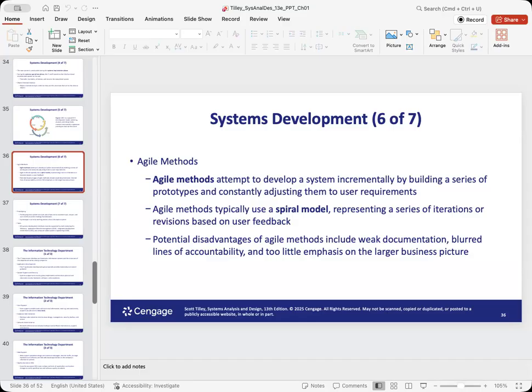So what we're going to do is group each other, all right? And then I'm going to give you an assignment. Okay, so class rep, you contact me, and the assignment is going to be based on the agile methods, the prototype method. There is another method that will, let me see.